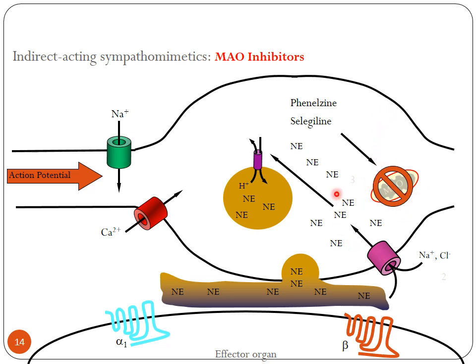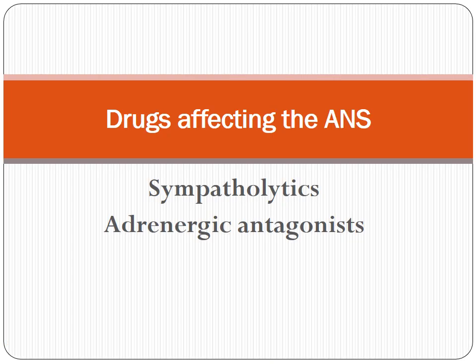We are going to increase the amount of noradrenaline. By this, we are going to increase the activity of the sympathetic system. By this, we are done with the first group of drugs, the sympathomimetics.